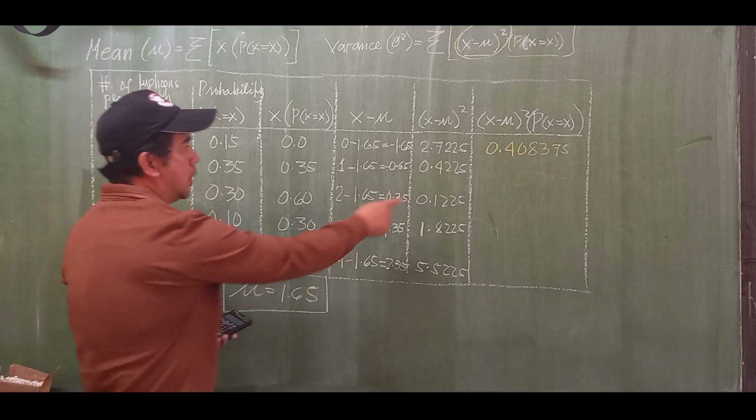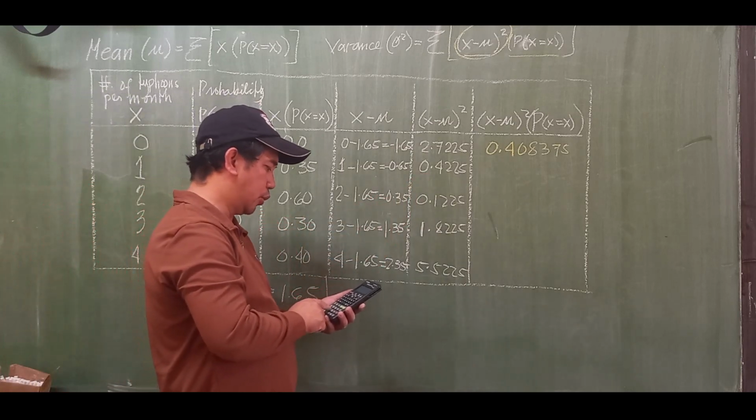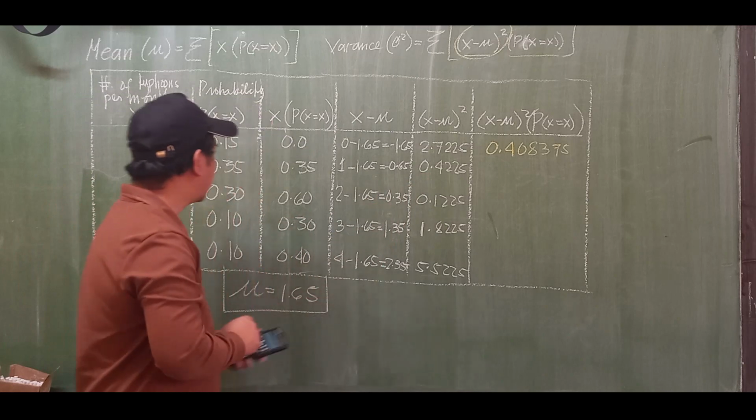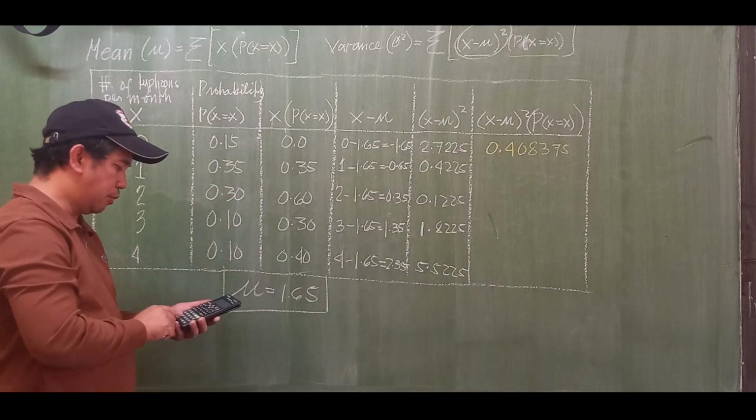Another one is this one, 0.4225 multiplied by its corresponding probability, 0.35.